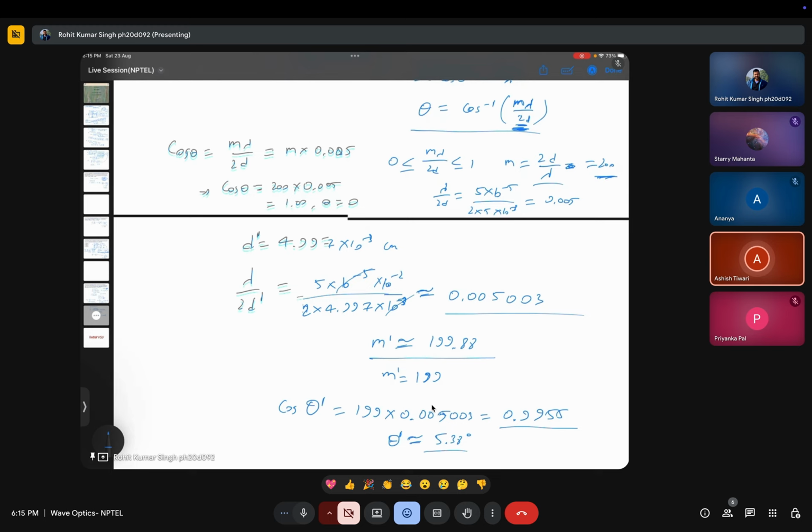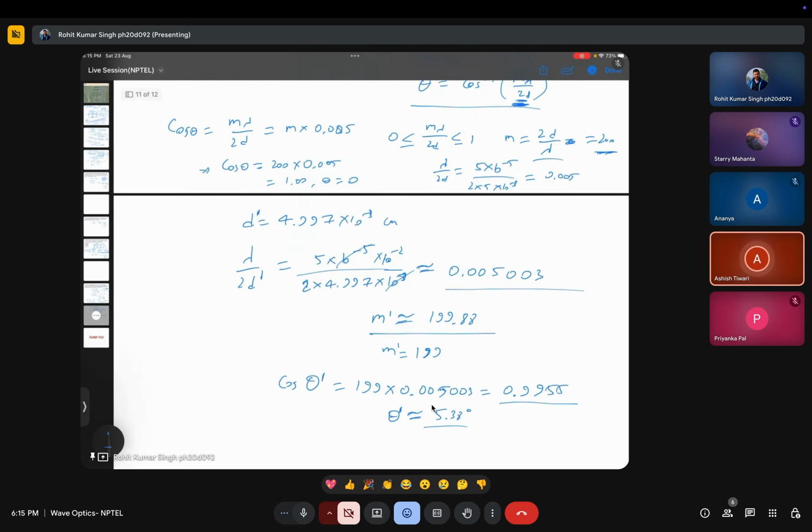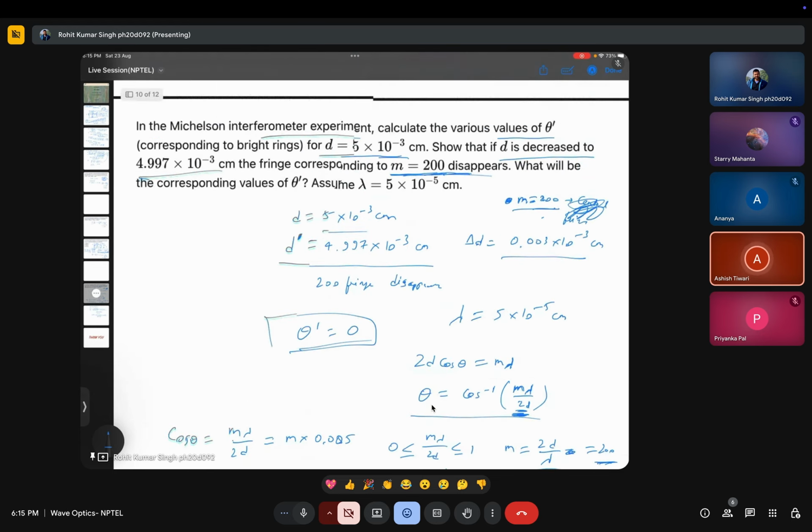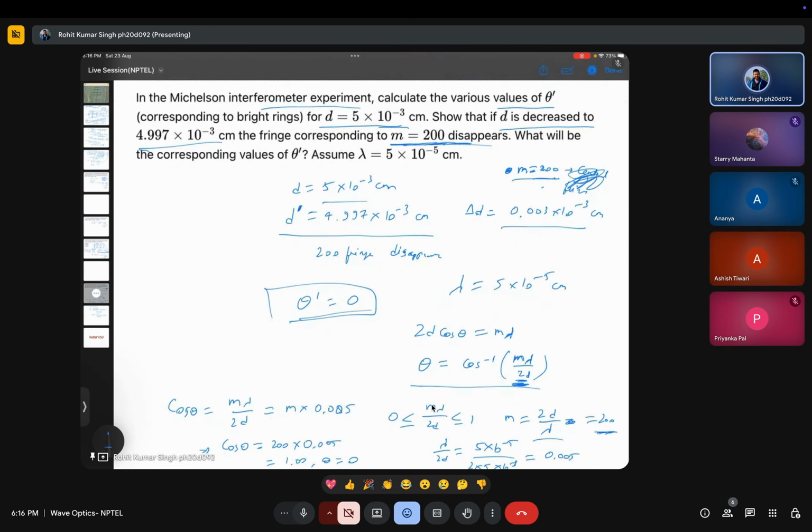Sir, if this type of problem comes in the main examination, how can we calculate so fast in limited time? Calculator is not allowed. No, I don't think this type of problem will come. This is from a book.